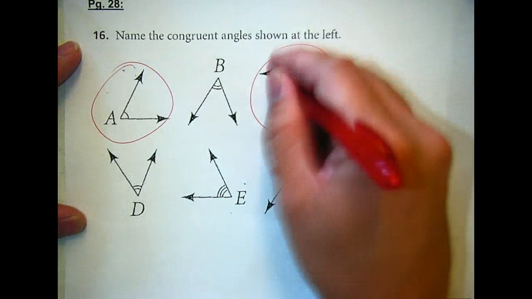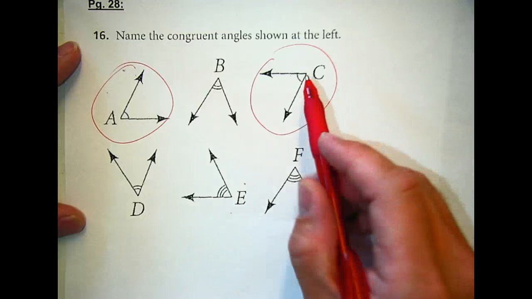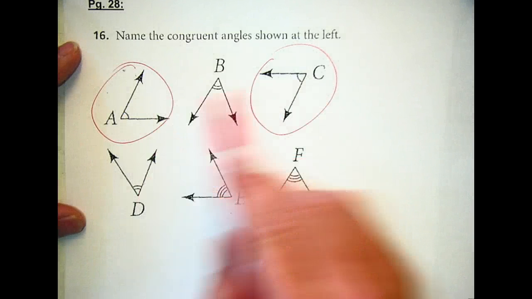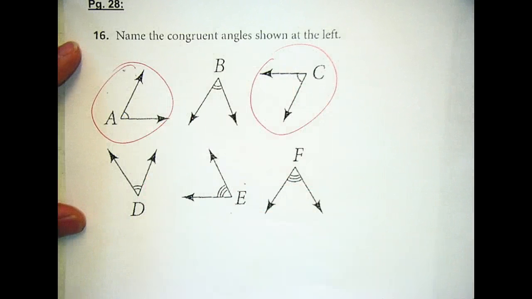How do we know that? Yeah, they have the same number of curved lines at the angle. Haley? No. It'll come your way. There you go. All right. Any other angles that are congruent? Yes. B and D. B and D, right here.